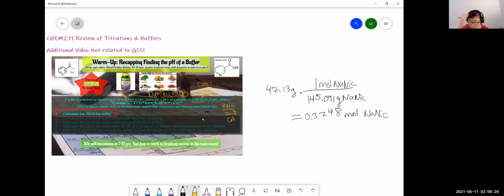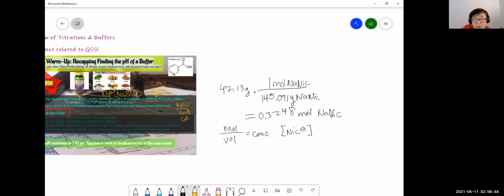Once we get that, we just need to divide by volume to get the concentration, because what we want is the NiC minus concentration. Remember there's 1 mole of Na to 1 mole of NiC minus, so they're equivalent.